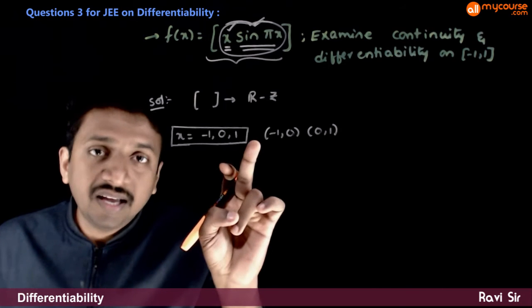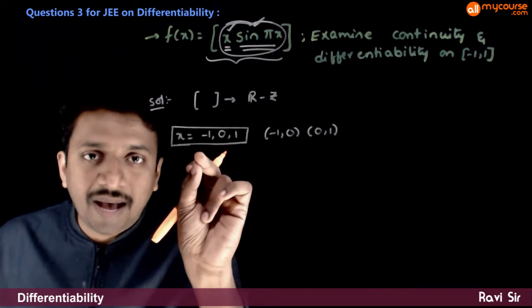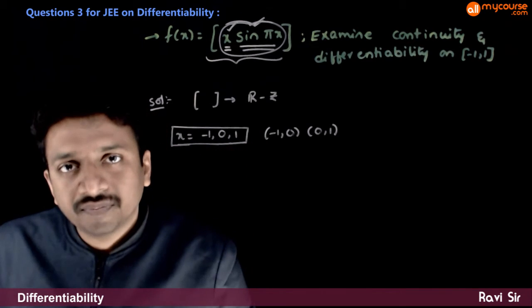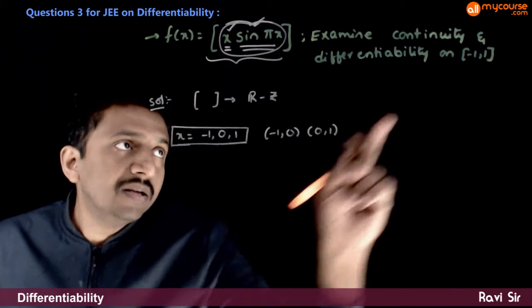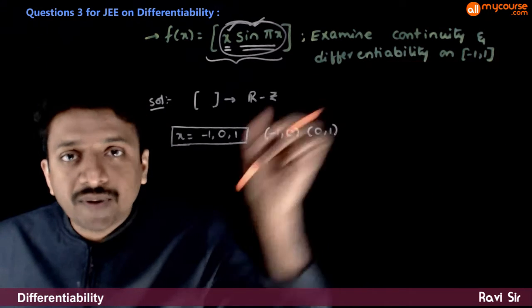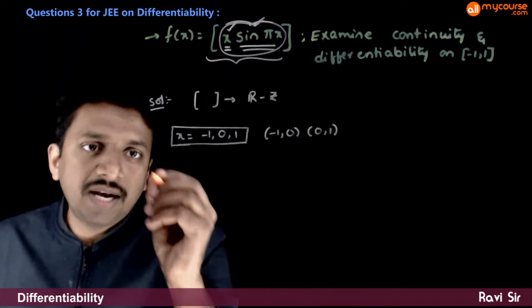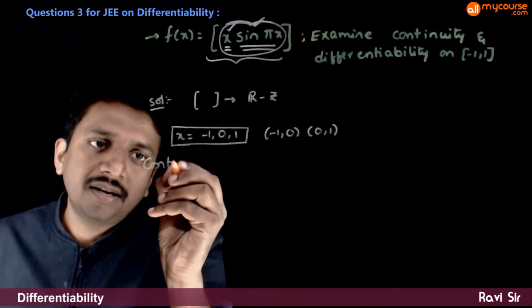So let us individually start at -1, then 0, and go to 1. So what happens at x is equal to -1? You're looking at the closed interval -1 to +1. Let us first look at continuity.